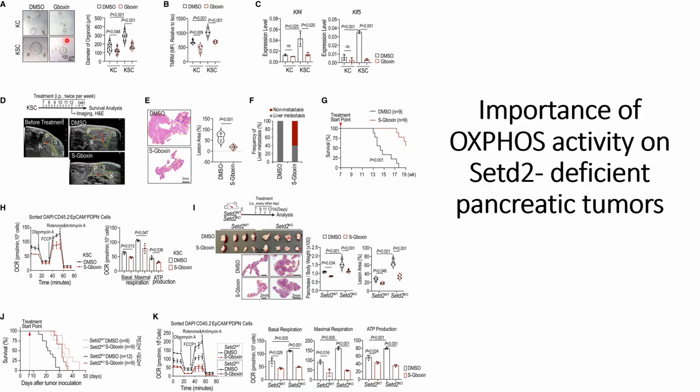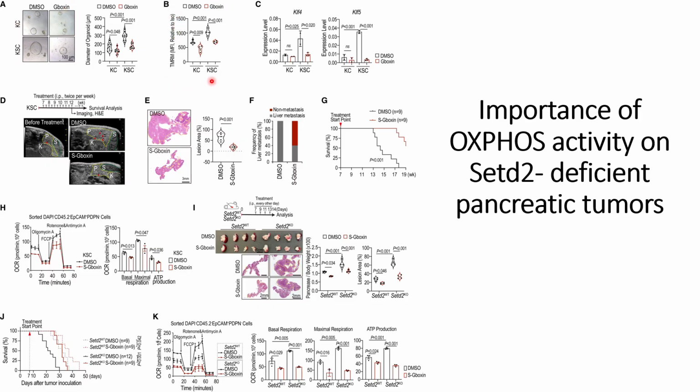So inhibiting the OXPHOS pathways in the cells derived from KSC will cause more decrease in the size of the organoids compared to the organoids derived from KC, as the OXPHOS pathways are not that upregulated in the organoids derived from KC.